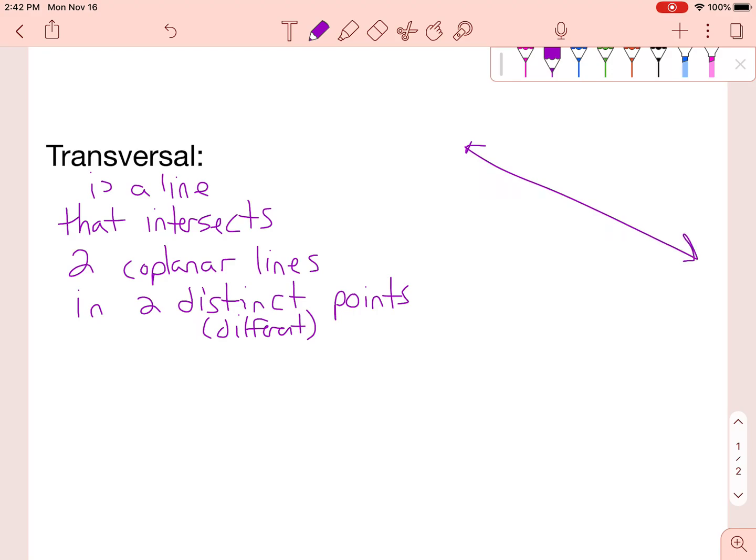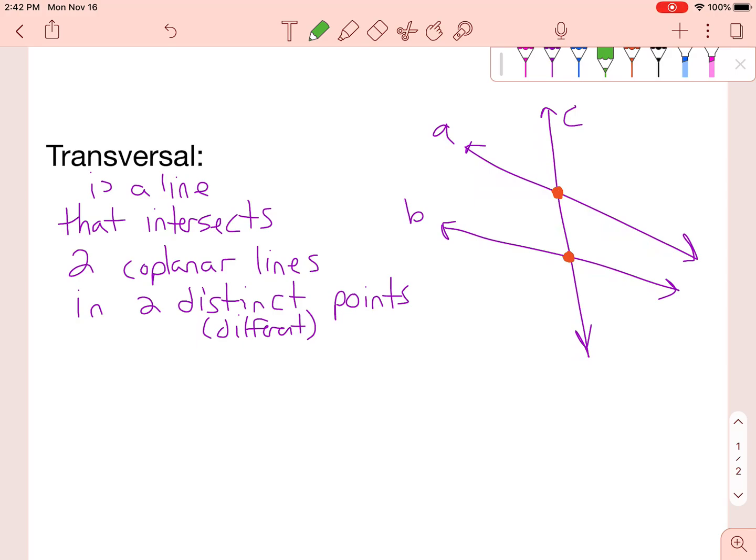For example, let's say I draw 3 lines. We'll call this A, B, and C. Okay, if I were to kind of put points where these lines are intersecting, you can see that only one of the lines is intersecting 2 of the other ones in this picture.